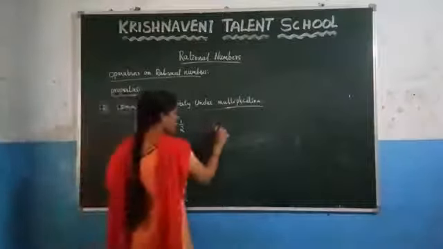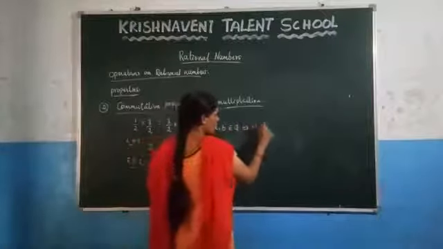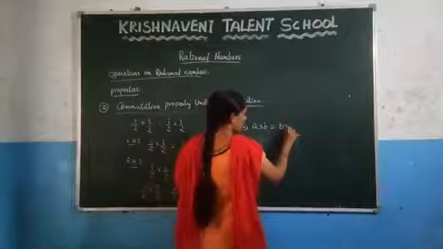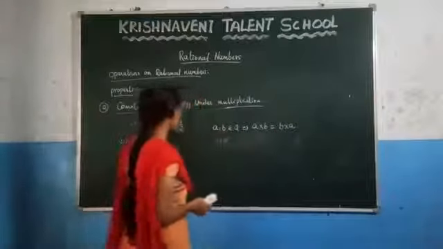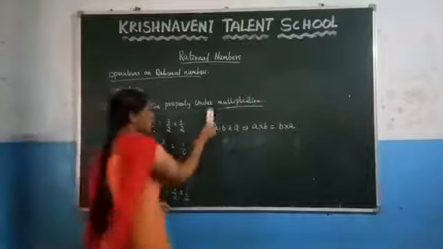How do you write? If you consider any two rational numbers, then if you multiply those rational numbers and if you change the order, you are getting the result as same. So from this we can conclude that the commutative property holds good under multiplication. Now see under division.